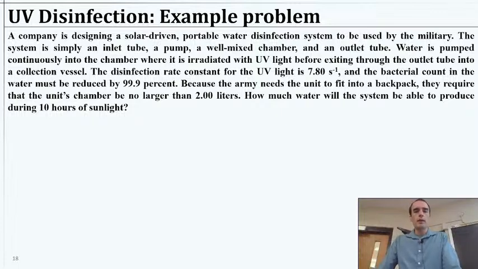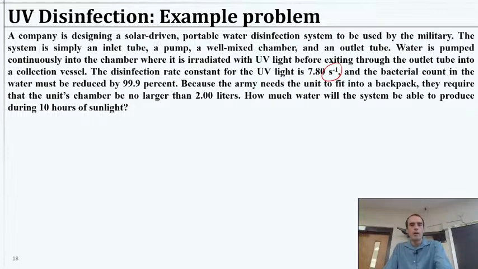The disinfection rate constant is given for the UV light, 7.8 per second. And watch the units here to see kind of what you have to do with the problem. The bacteria count in the water must be reduced by 99.9%. And because they need the unit to fit in a backpack, they require the chamber to be no larger than 2 liters.